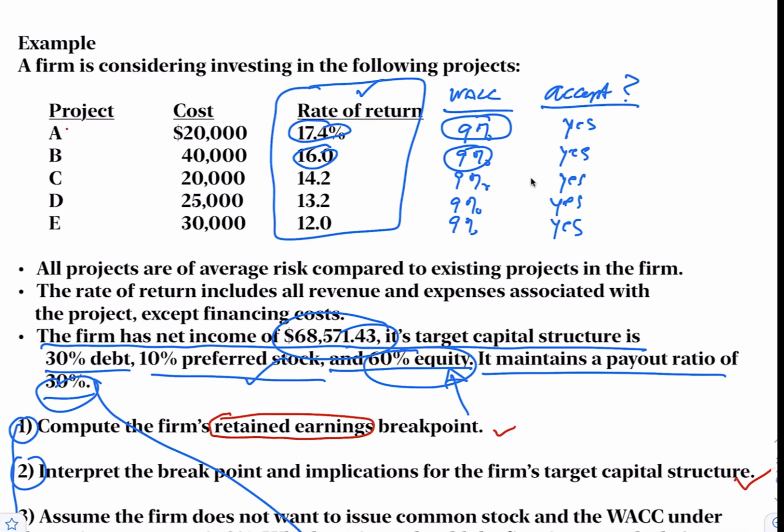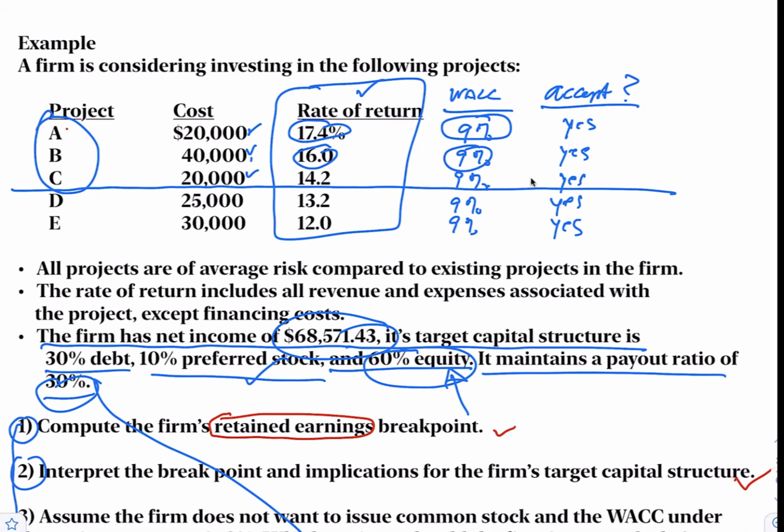It'll look at the most profitable projects first, and that's A, B, and C. And look, A, B, and C add up to $80,000. So all these projects are acceptable, but given the budget constraint of $80,000, we are only going to invest in projects A, B, and C.